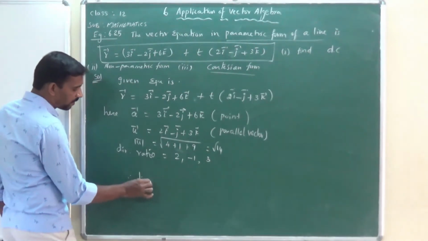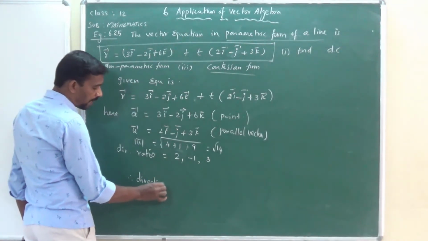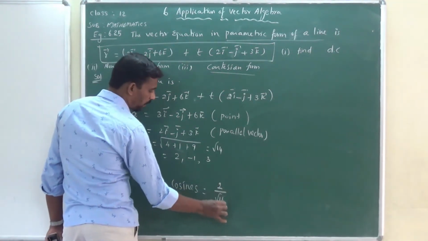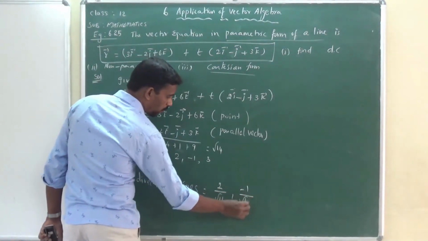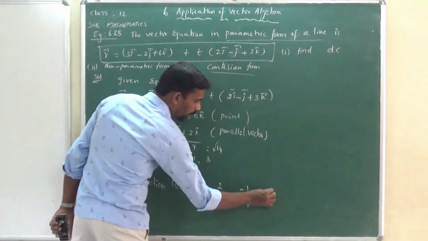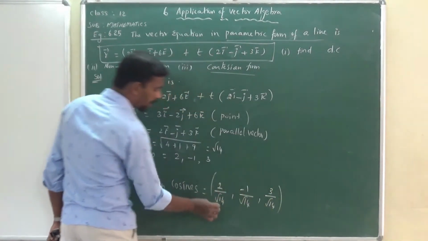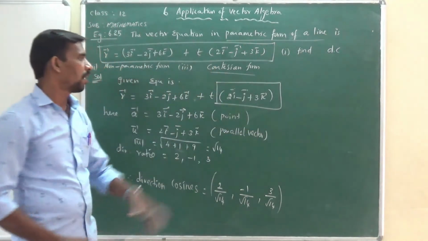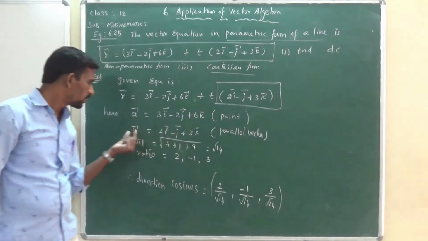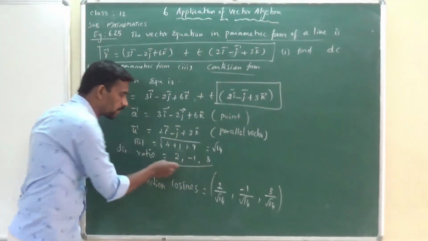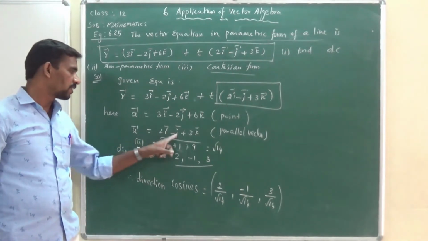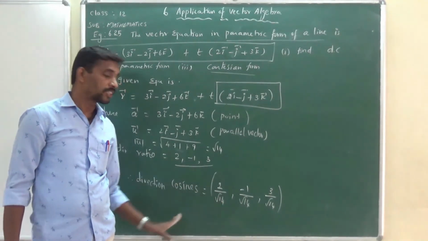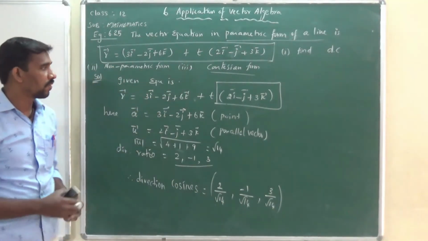Therefore, now we apply the direction cosines: 2 divided by root 14, minus 1 divided by root 14 and 3 divided by root 14. So in the parallel vector we pick out the components of i, j, k, 2, minus 1 and 3, that is nothing but direction ratios. Using the u vector, we find its magnitude, then divide each term by it and get the direction cosines. Okay, so that is the first question.